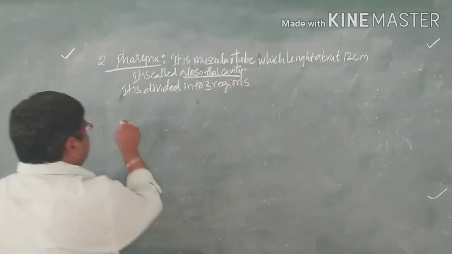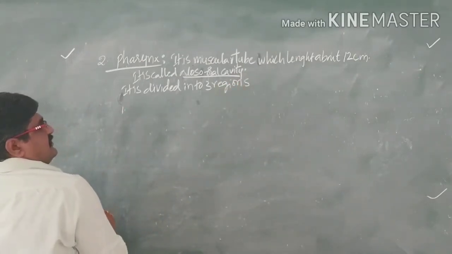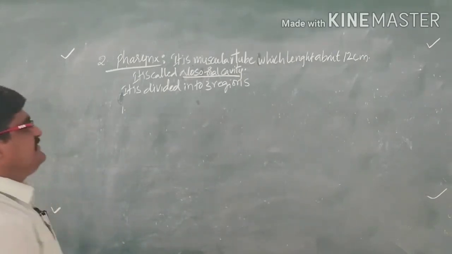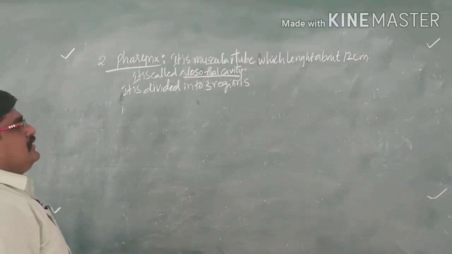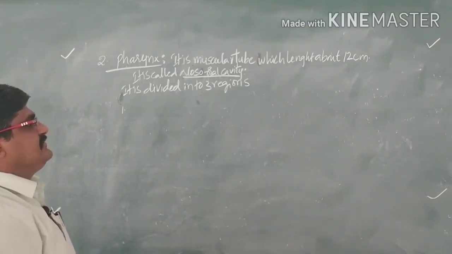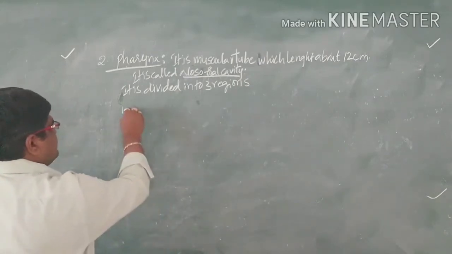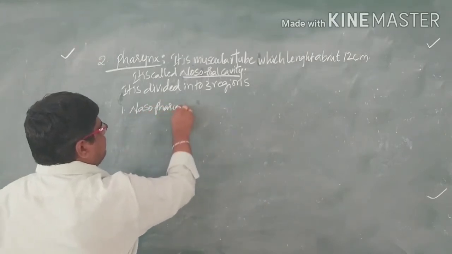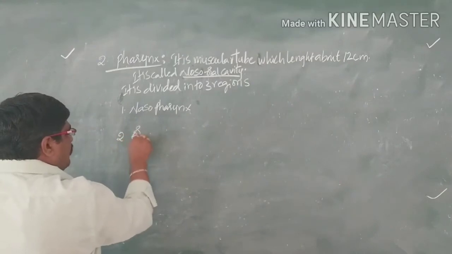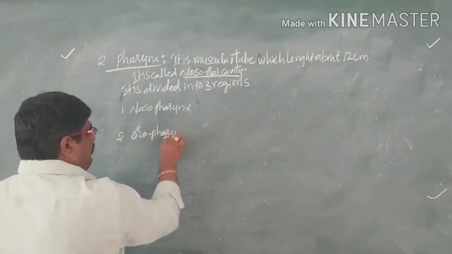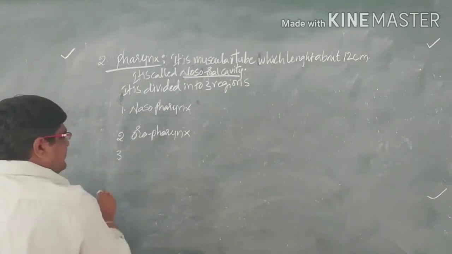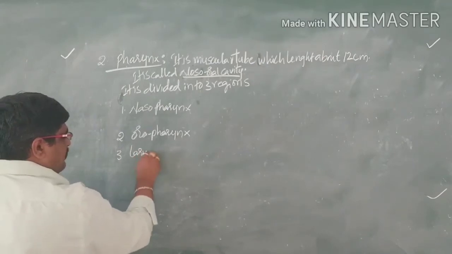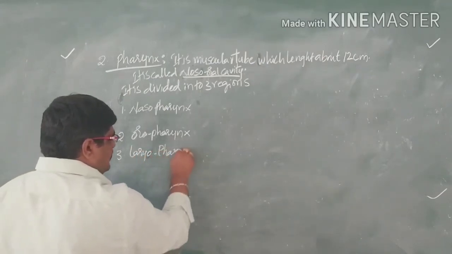The first one is the nasopharynx, the second one is the oropharynx, and the third one is the laryngopharynx. So these are the three regions.